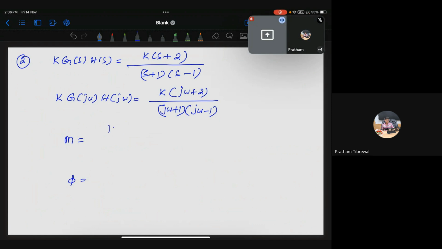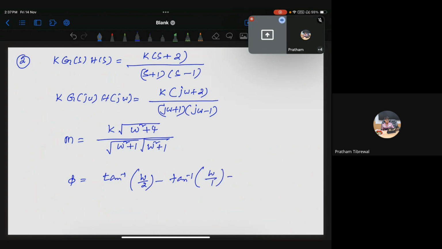Now from this we'll write the magnitude and phase angle. The magnitude will be K root over omega square plus 4, divided by root over omega square plus 1 times root over omega square plus 1. The phase angle is tan inverse omega by 2, minus tan inverse omega by 1, minus 180 plus tan inverse omega by 1.